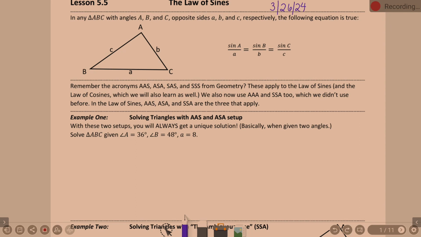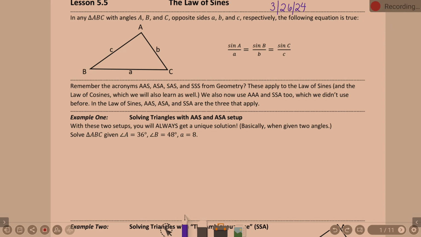So this is saying the sine of angle A is proportional to side a, just as the sine of angle B is proportional to side b, just as the sine of angle C is proportional to side c. So the sine of the angle and its respective side are proportional in all these pieces.